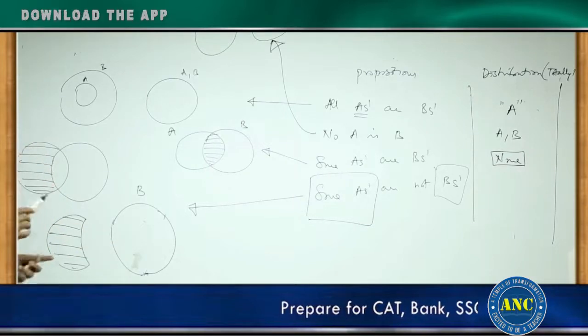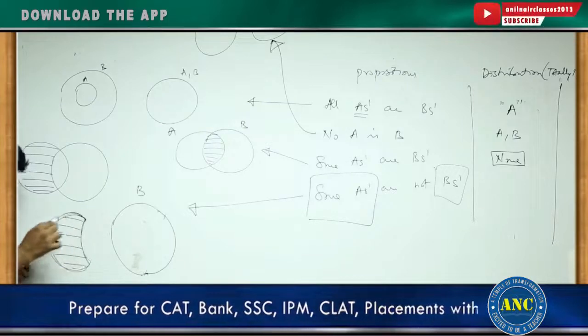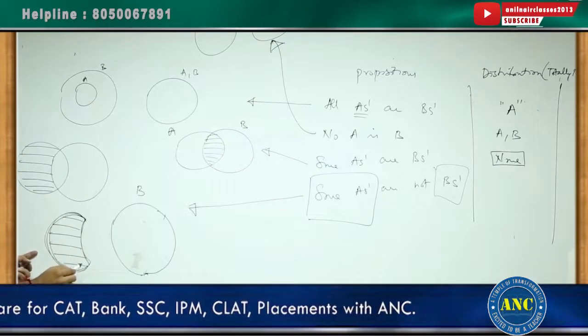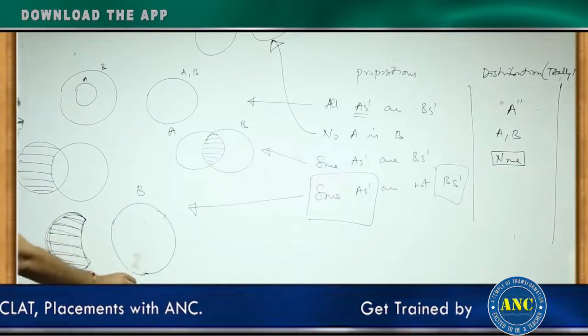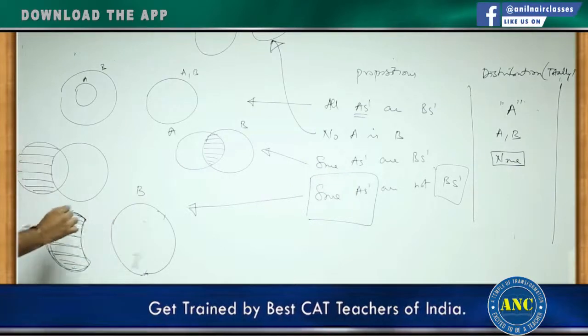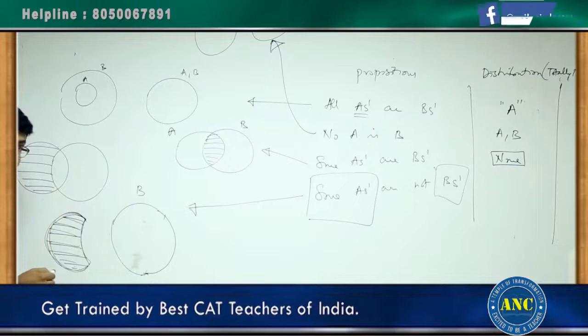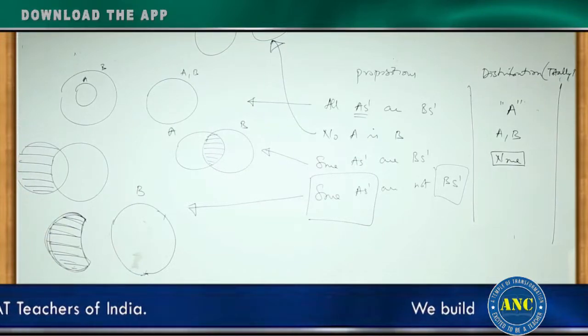No, you're not getting it. In the context of these A's, not the entire A's, I'm saying B is totally distributed. I'm not talking in the context of the entire A. Please understand this.